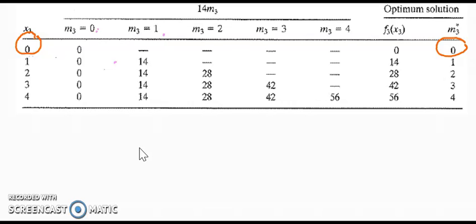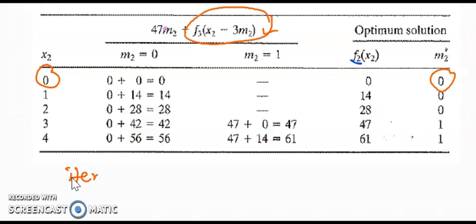Now, the conclusion that we can make here is that for stage 3, or item 3, m3 equals 0, which means there is no unit of item 3. Then for item 2, again m2 equals 0, so no unit for item 2.